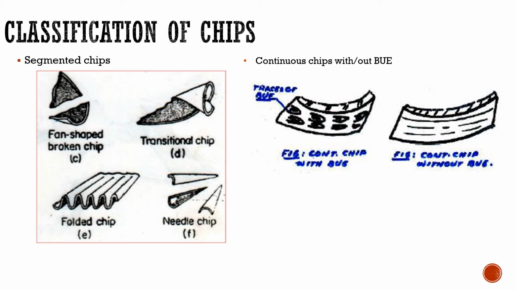Okay, and for the segmented type, the work material is usually semi-ductile material, and cutting velocity is usually in a low to medium range. Feed rate is from the medium to large range, and it usually has a negative tool rake angle, and this one does not use the cutting fluid.